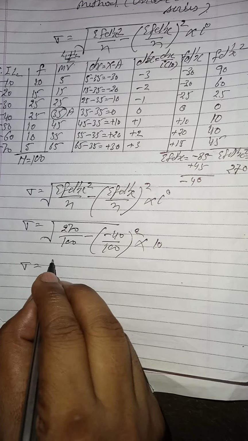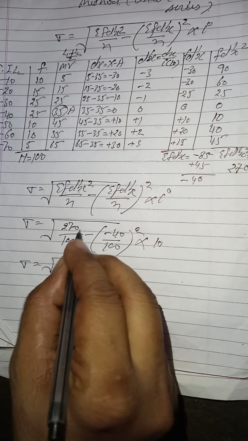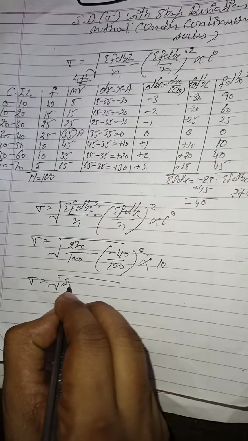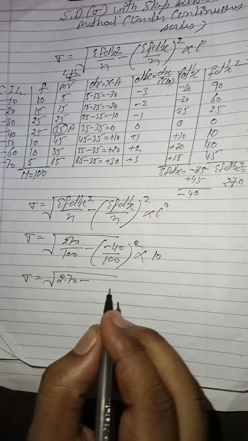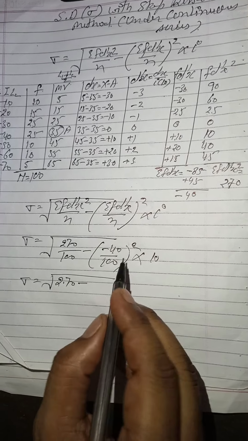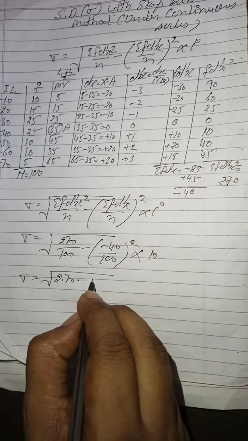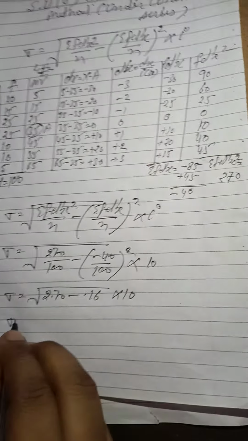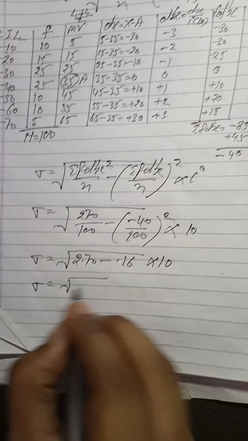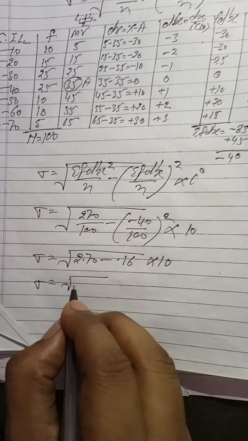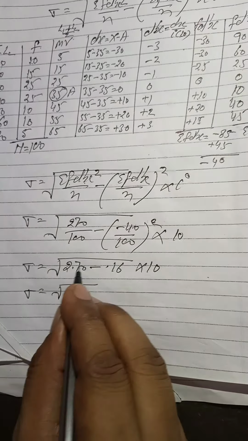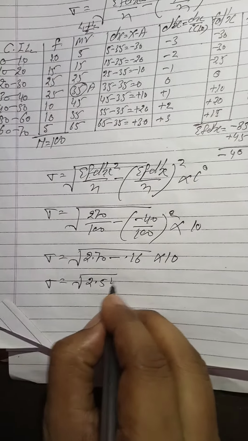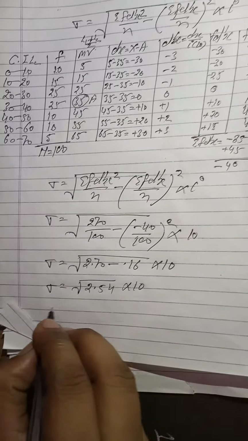So standard deviation is equal to 270 divided by 100, which will be 2.70, minus 40 divided by 100 squared, which is 0.16, into 10. So standard deviation is equal to under root of 2.70 minus 0.16, which is 2.54, into 10.